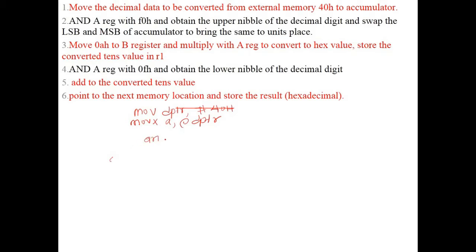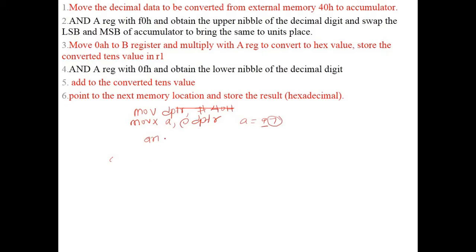Now we will mask the lower nibble. A is having 97, and we need to obtain the higher nibble, so we need to mask this. For that, we AND the A register with F0H.